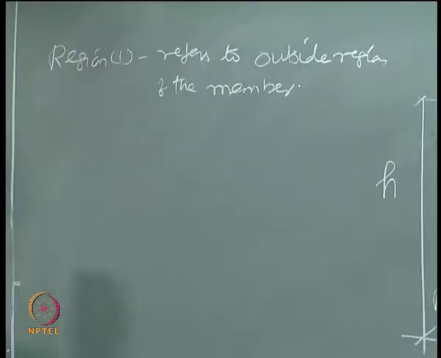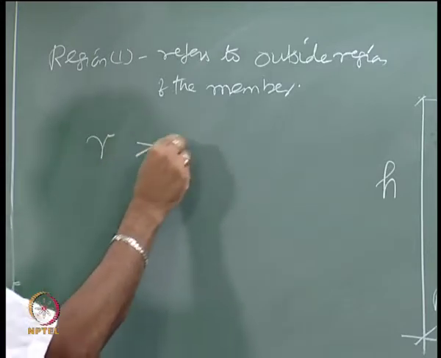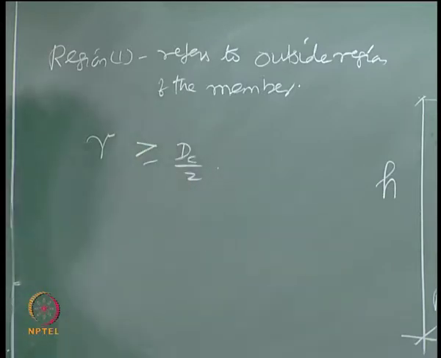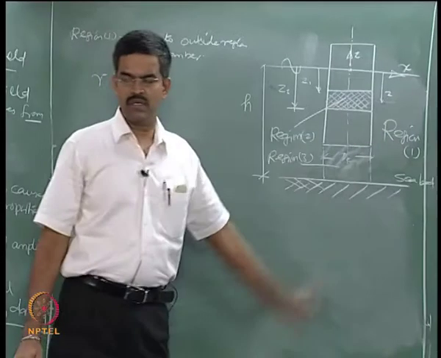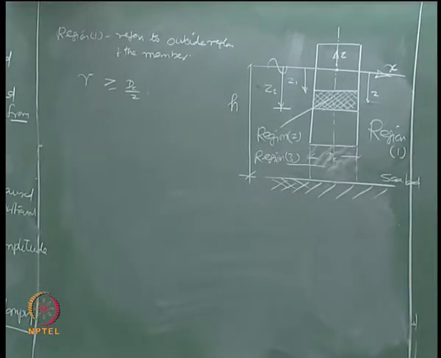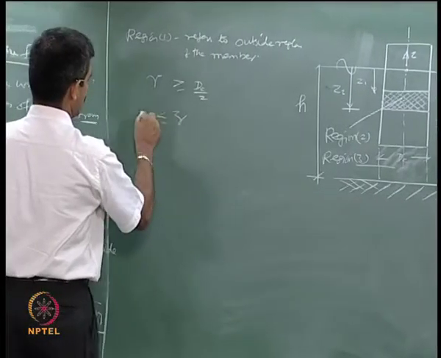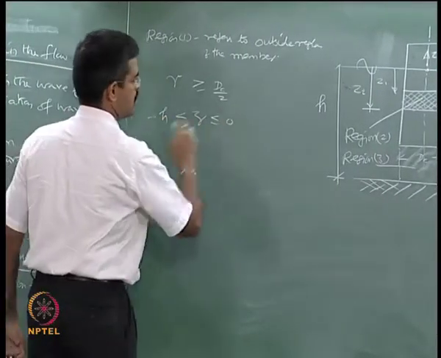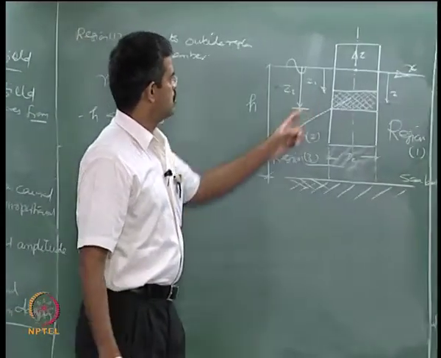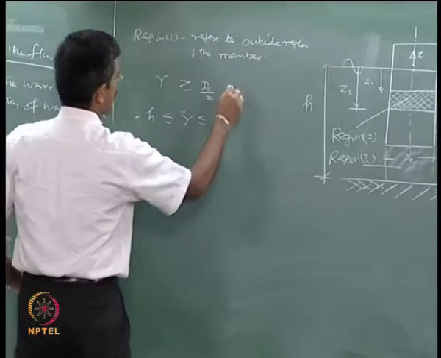So, in this case r radius is greater than dc by 2, dc is the diameter of the member or the cylinder, c stands for the cylinder, and z varying between minus s and 0, is it not, minus s to 0, this is the region. I call this equation number 1.